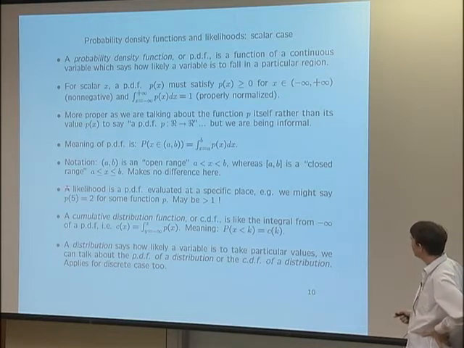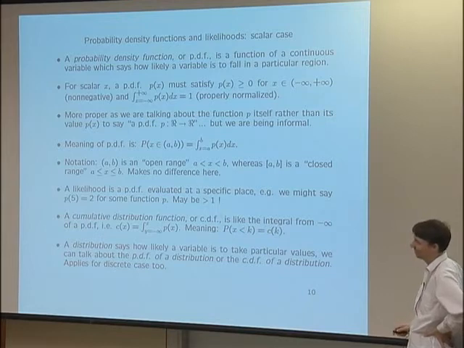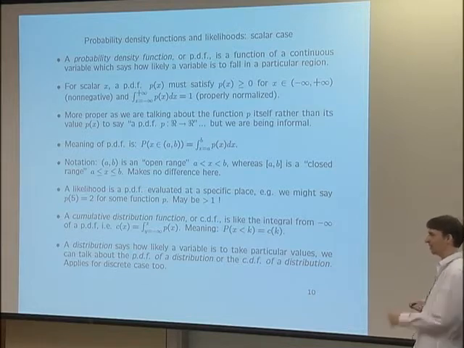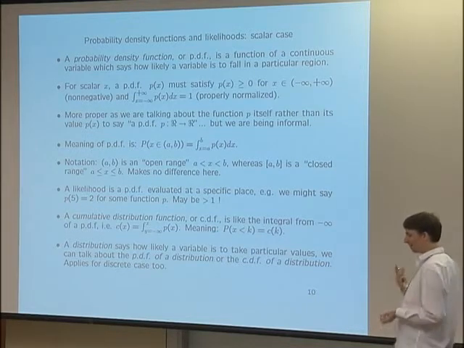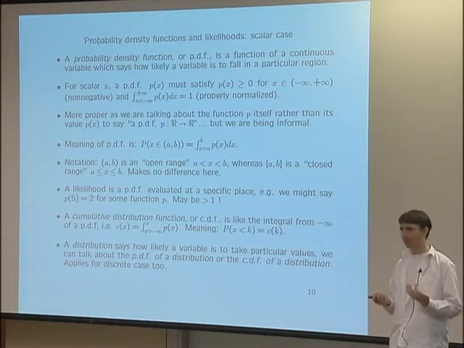I just wanted to mention what a likelihood is. We often talk about likelihoods. A likelihood is what a PDF returns. If you evaluate this PDF, P of x, at a specific place, you get some value, and that value is called a likelihood. Likelihoods are analogous to probabilities, but they're not probabilities.